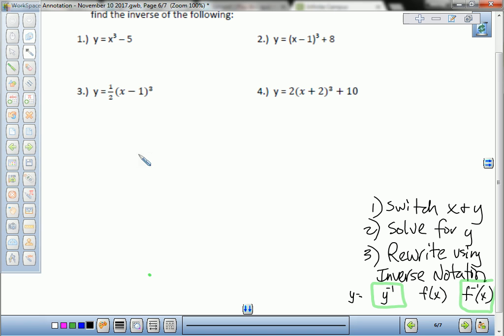Now, with a cubic function, we just graphed it, domain is not restricted. Domain is from negative infinity to positive infinity. So is the range. So when I switch those, I can't even tell anything happened. So with cubic and cubed root, because they're inverses of one another, the domain or range doesn't get restricted. It stays negative infinity to positive infinity.